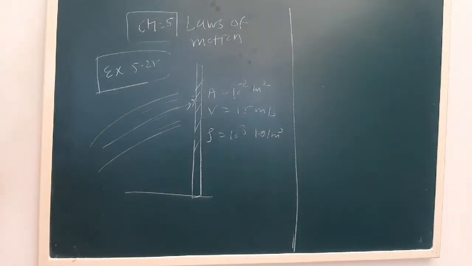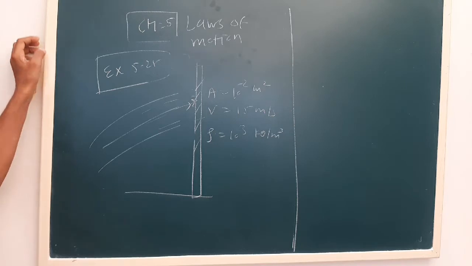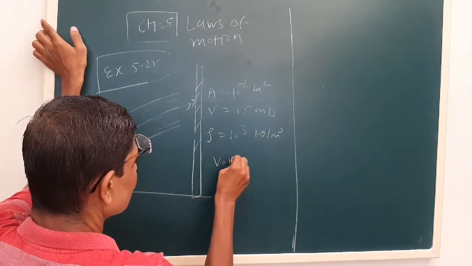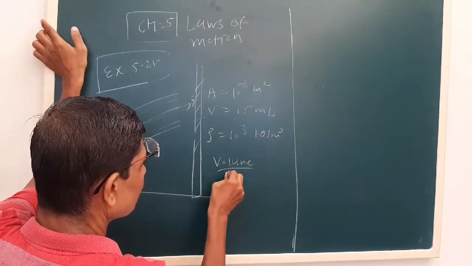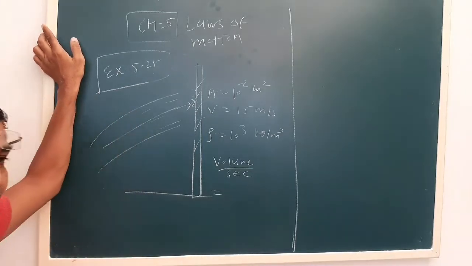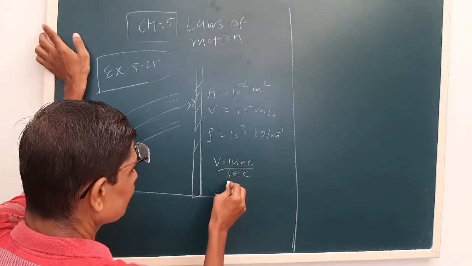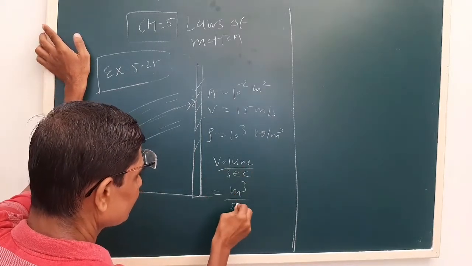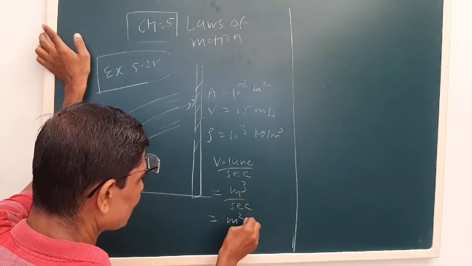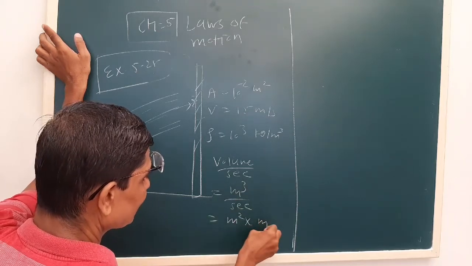Okay, now see, here we will use the volume per second. Volume per second. See, now this one is interesting. Volume is meter cube. This I can write as meter square into meter per second.